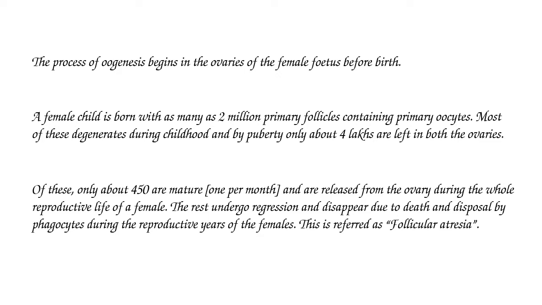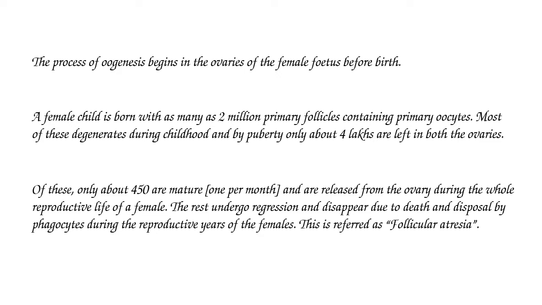Of these 4 lakhs of primary follicles, only about 450 primary follicles mature, one per month, and are released from the ovary during the whole reproductive life of a female.